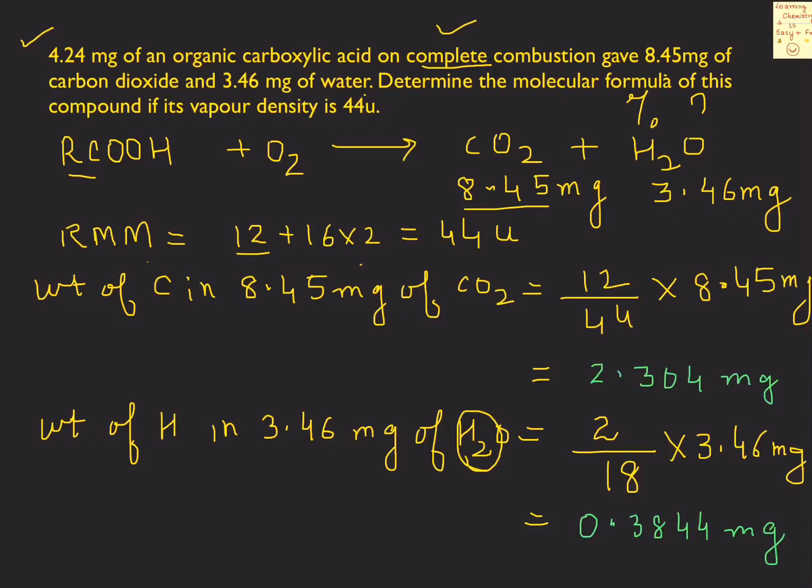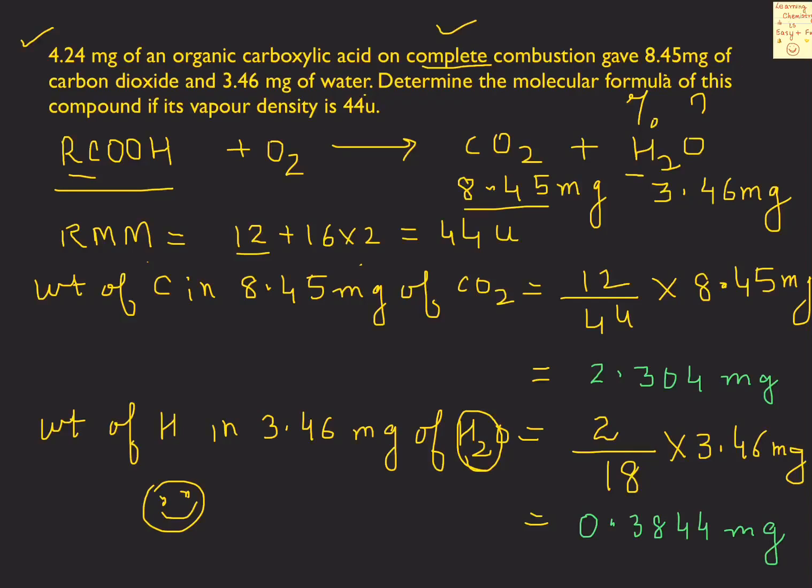So we've got carbon as 2.304 milligrams and hydrogen as 0.3844 milligrams. Have you got it right? Very good. So there you get the second smiley of the lesson. So you're almost halfway through the question. Now if you notice, this carbon we are getting from the carboxylic acid.